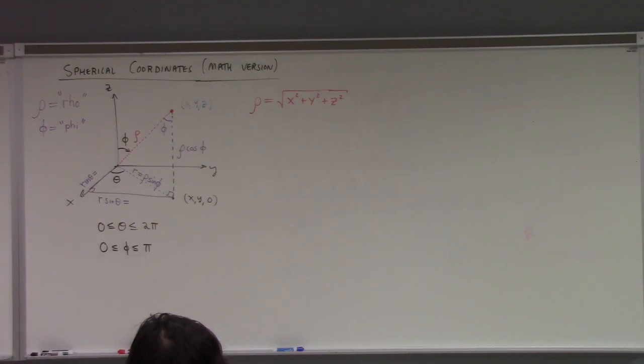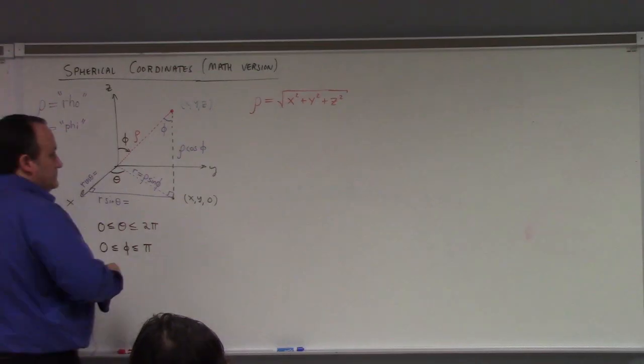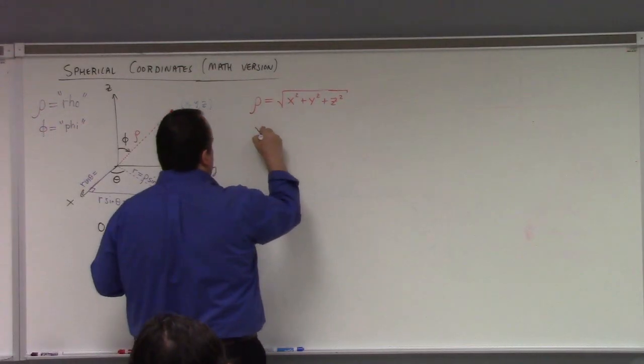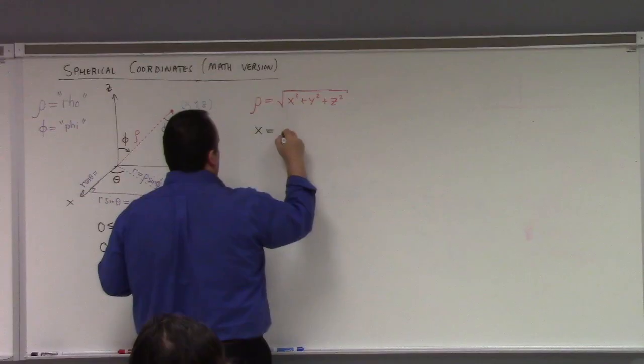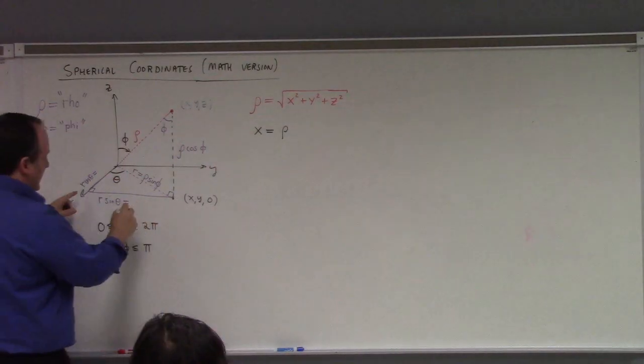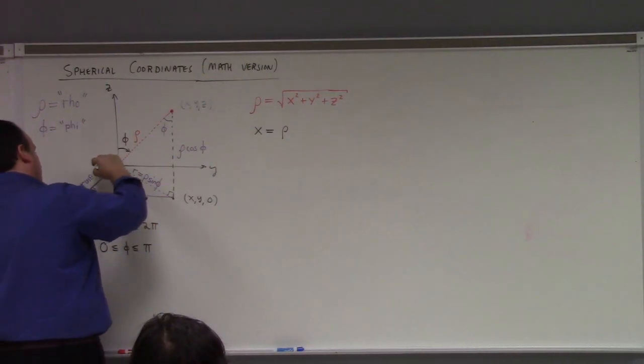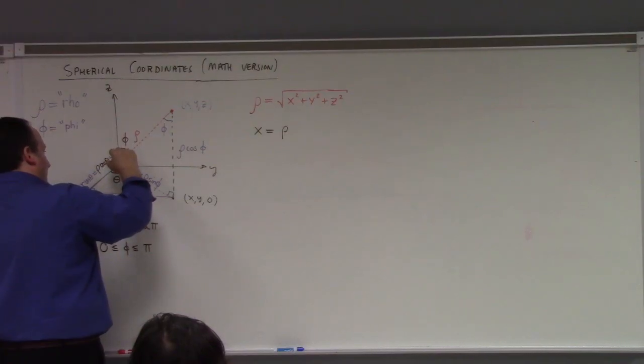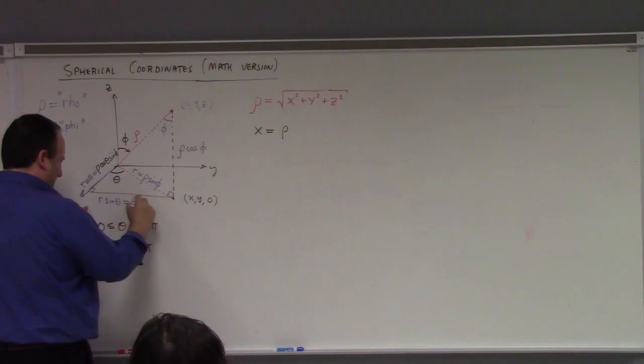So the formulas then are x is equal to rho. Notice that r is actually rho sine phi, so we've got rho cosine theta sine phi, and down here we've got rho sine theta sine phi.